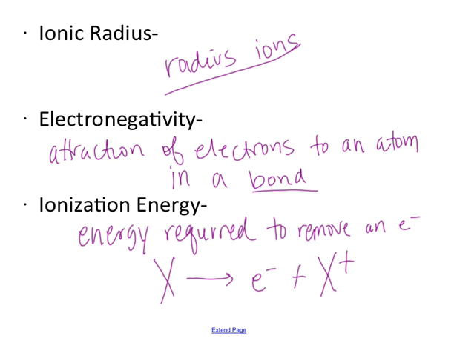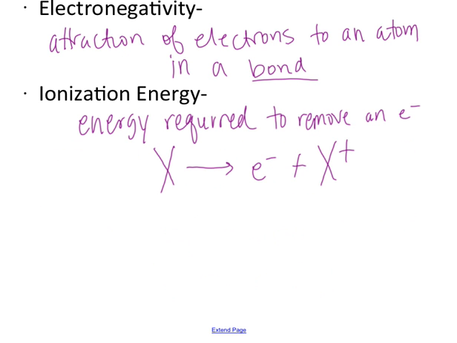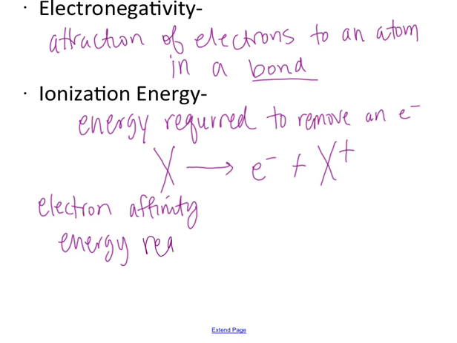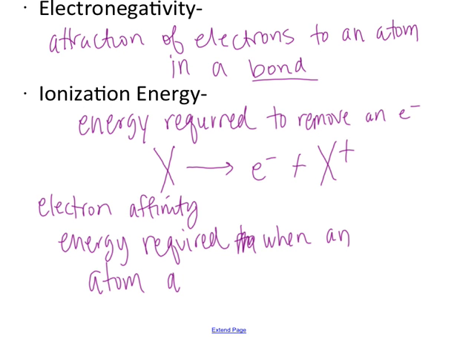Next up, we really do need to add, there's one more here that's not written down. It's electron affinity. Electron affinity is the energy required or energy acquired when an atom, this is a horrible definition.